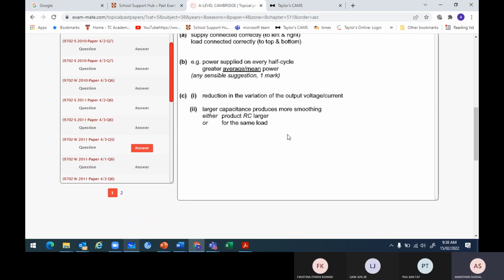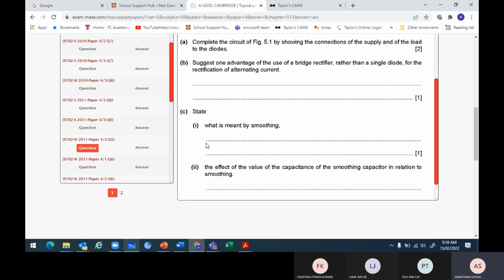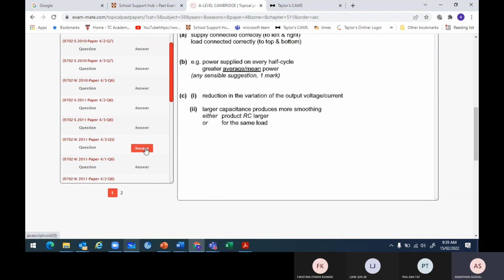Product RC. What's the question? 2 marks. Either this, for the same load. So a larger capacitance gives a smaller voltage drop for the same load.